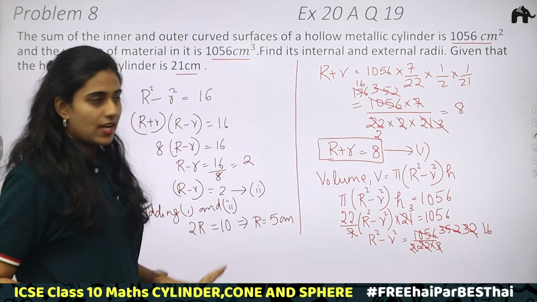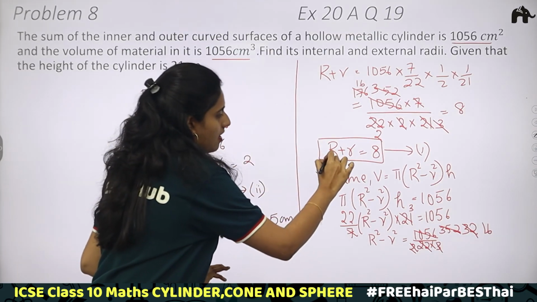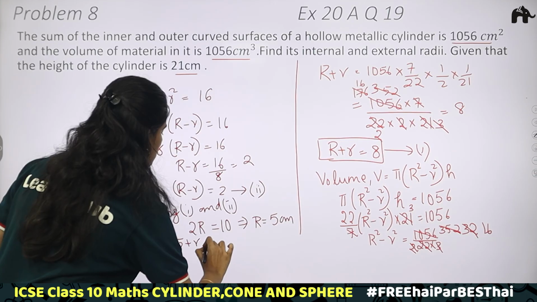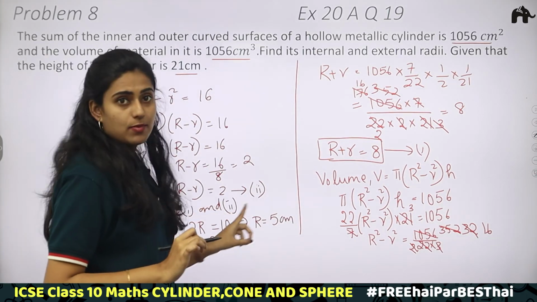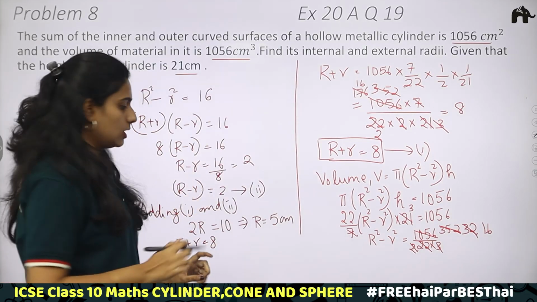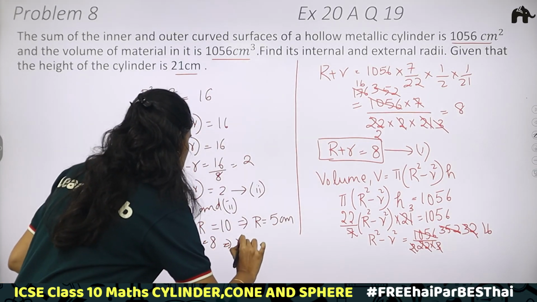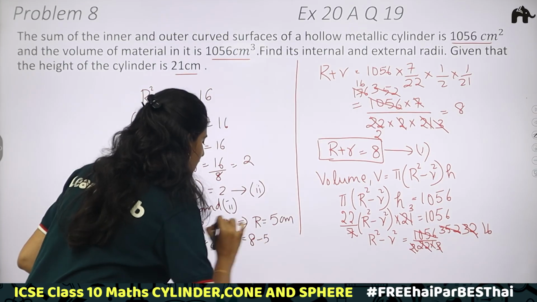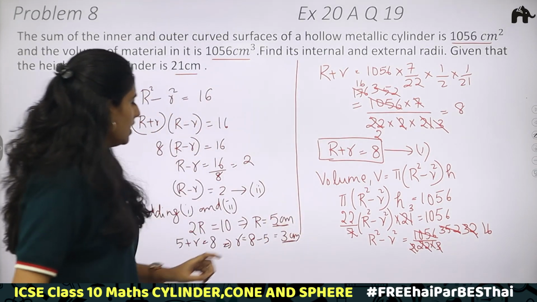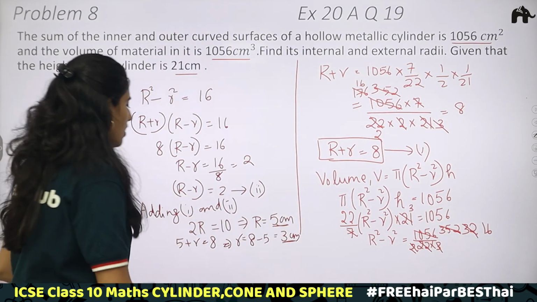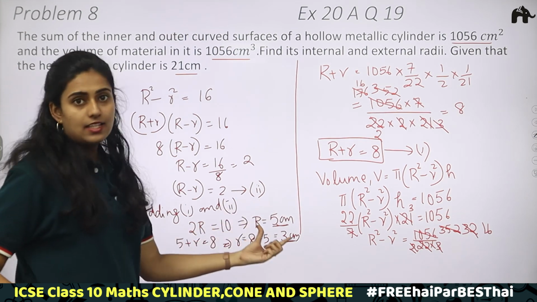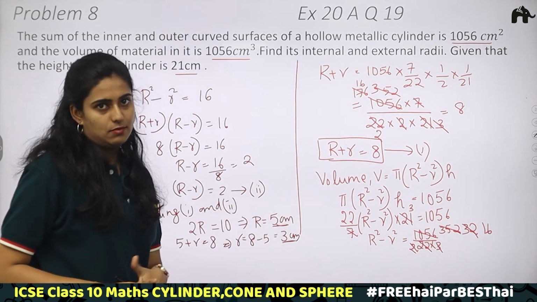If capital R is 5 centimeter, 5 centimeter plus small r is equal to 8. I am substituting capital R value in the first equation. You can also substitute in the second equation. Which implies small r is equal to 8 minus 5, and that is 3 centimeter. We got the inner radius 3 centimeter and the external radius 5 centimeter.